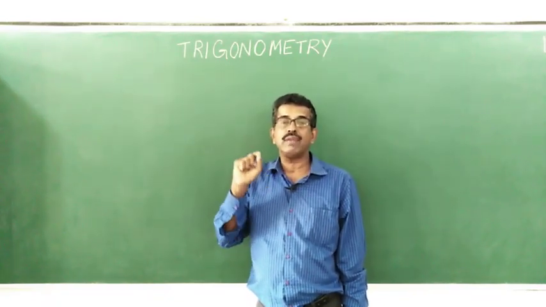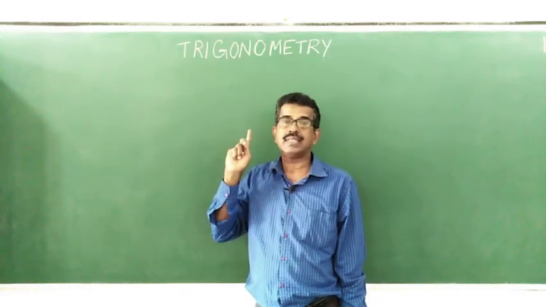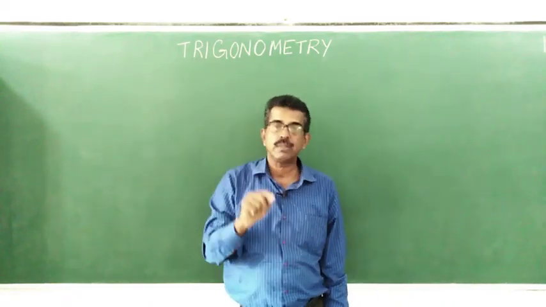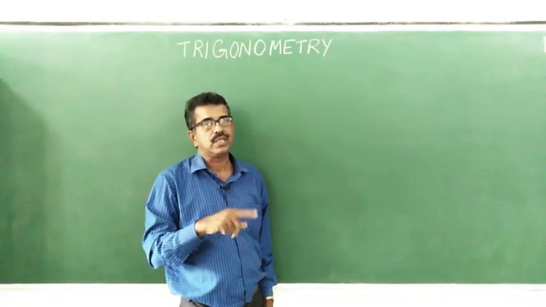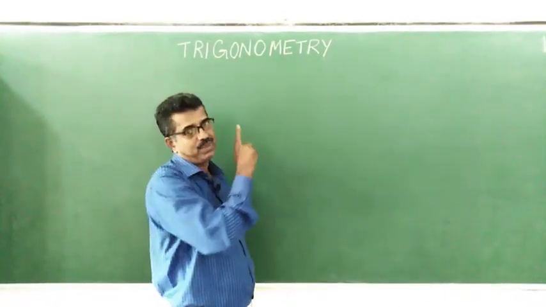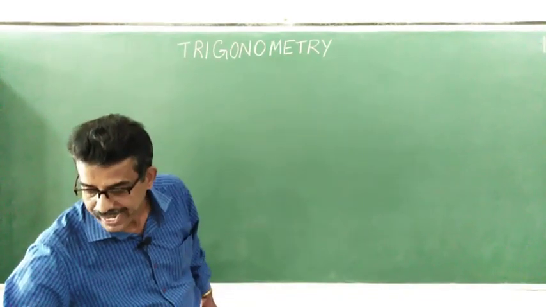Now today we will have the beginning of the first PU syllabus, that is trigonometry. In trigonometry, we will discuss what concepts have been explained in first PU. Before that, I will tell you how the word trigonometry was formed.